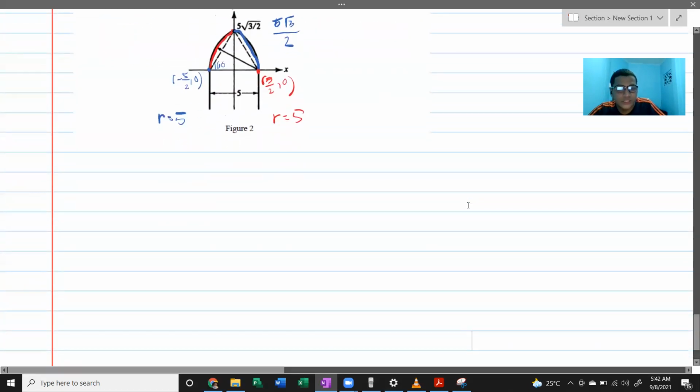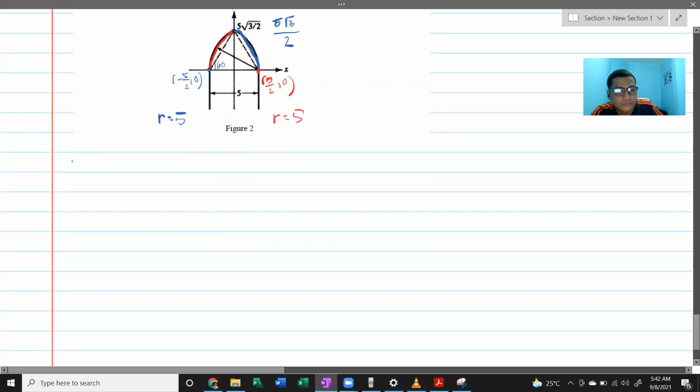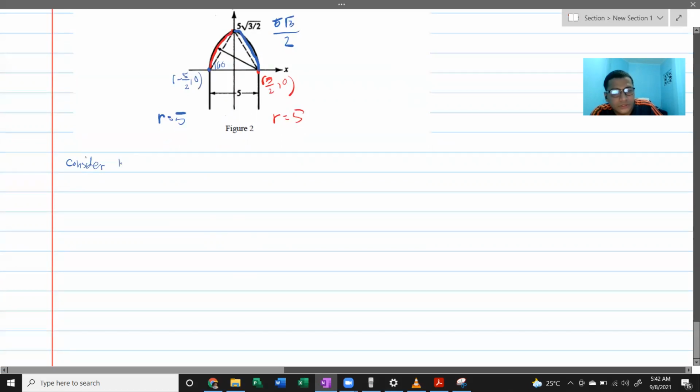Okay, so let's consider the first arc. Now, the standard form is (x minus h) squared plus (y minus k) squared equals r squared. So we have x minus negative 5 halves, so this should be x plus 5 halves squared plus y minus 0 squared equals 5 squared.